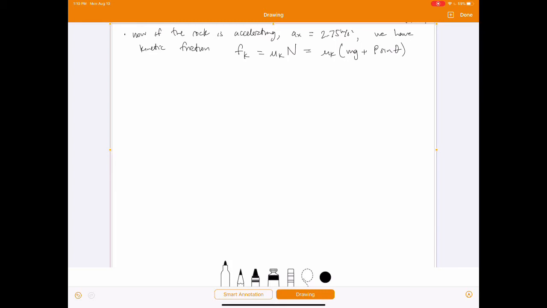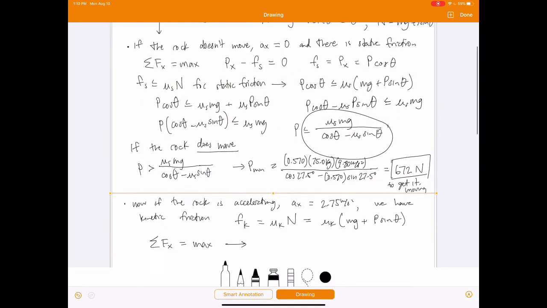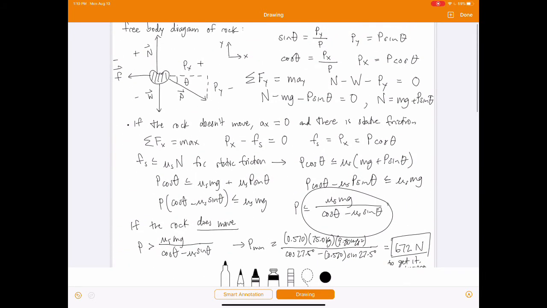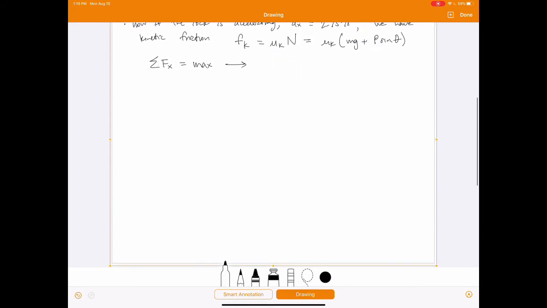So now, if we apply Newton's second law, F equals ma for the x direction, well, just remember up here we have Px going to the right, and we have the friction going to the left. So Px minus Fk equals m times ax.